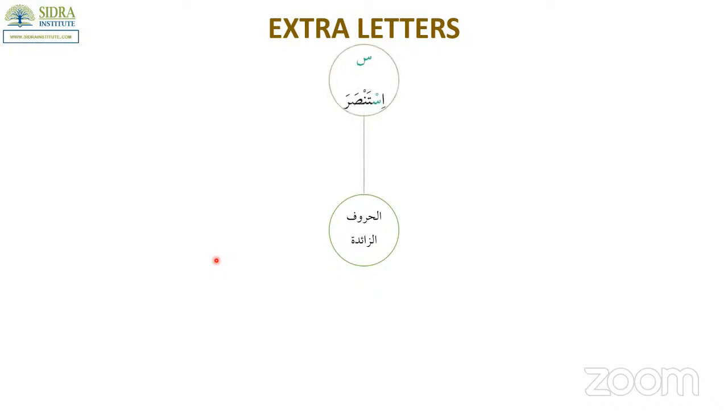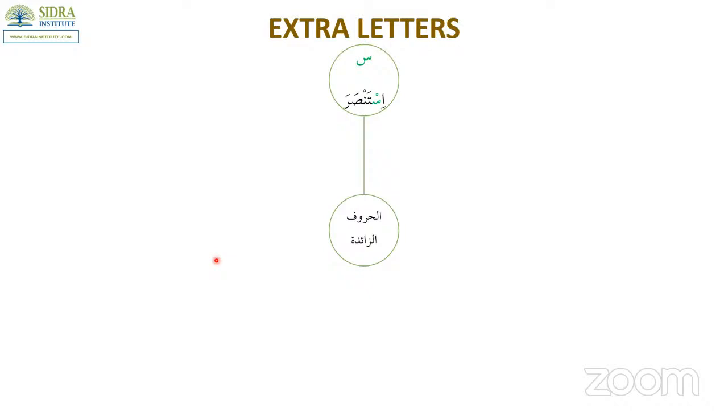So the first letter that can appear as an extra letter is seen. This is not in the actual order of commonality, but because this whole section is going to end up becoming a phrase, I've gone in this order. You'll see soon. So seen can come as an extra letter. Look at the word istansara.